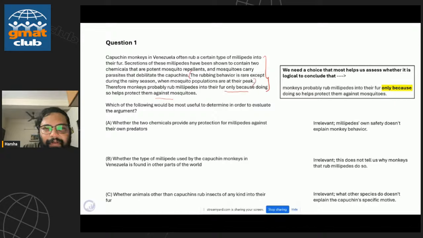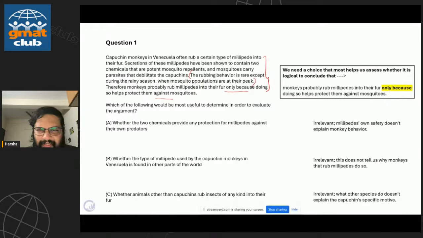One of the great points brought in by people here was, all I know is this rubbing behavior is happening during the rainy season only, pretty much. But is that because the mosquito population is at its peak, or is it because of some other reason? Just because you have events happening together doesn't mean it's causal, right? Fair.